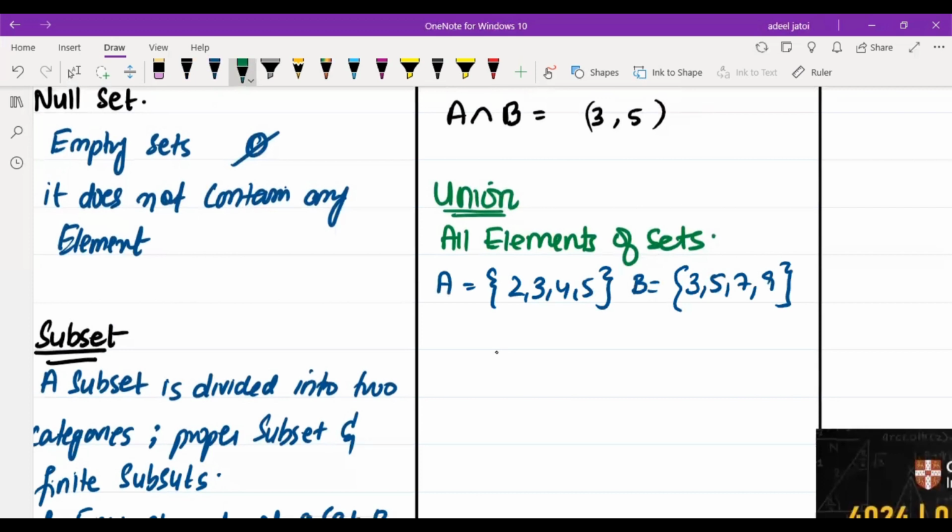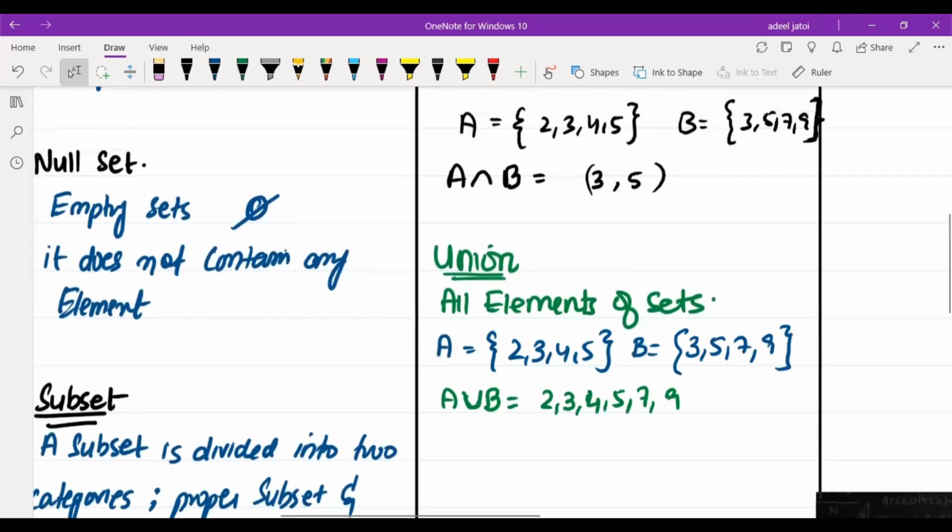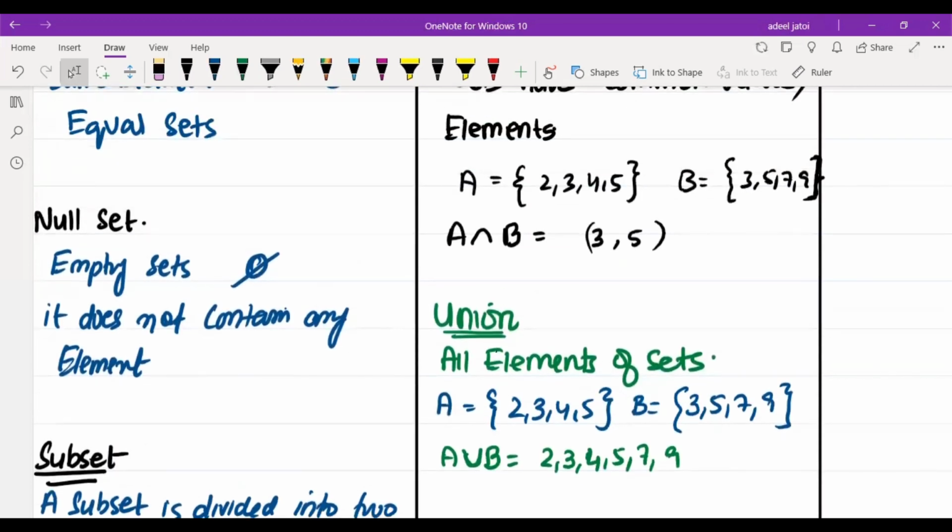So the answer for A union B will be 2, 3, 4, 5, 7, 9. That means all the values will be written. If they are repeated, it will be written once. So union means writing down all the elements of the sets. Intersection means only the common values will be taken into consideration.